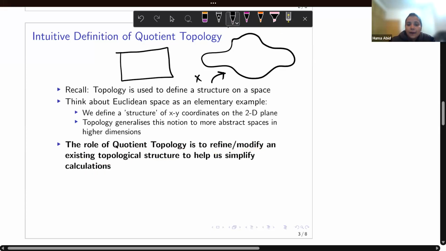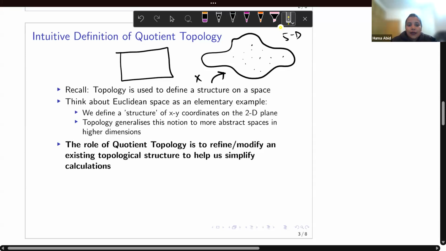Go back to this example of your blobby structure. For example, it's a 5-dimensional space with a lot of different points and a lot of complicated structure. You want to do some mathematics on it, but of course, if it's a higher dimensional space, there are more coordinates, more equations, more complications.